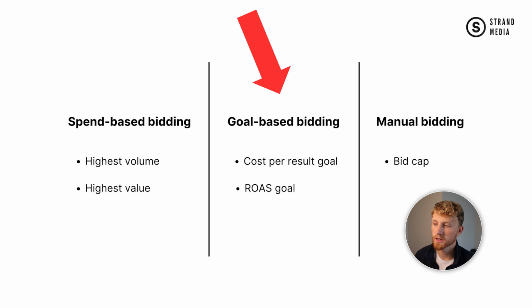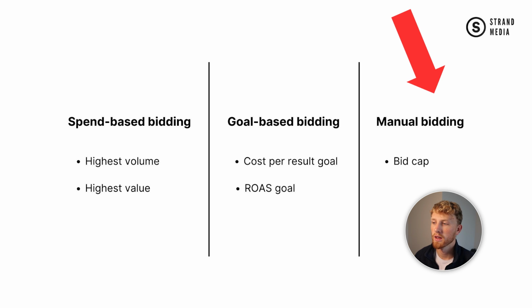These two bid strategies are similar, but I would say cost per result goal is better if you have one or a few products with similar price points and you know the set amount you're willing to pay per conversion. But if the amount is different, but the ratio between how much you want to spend and generate back is the same, then you want to use a ROAS goal.